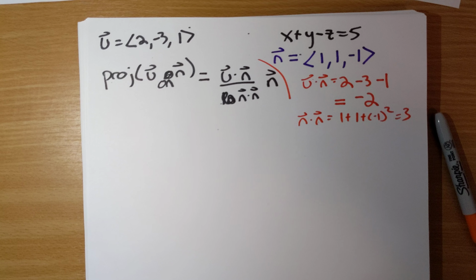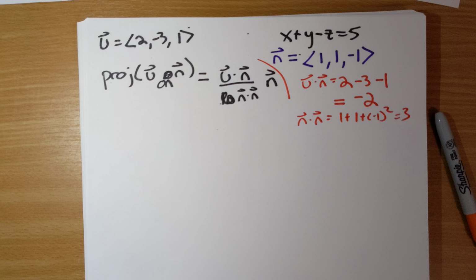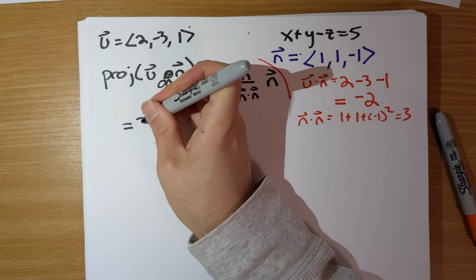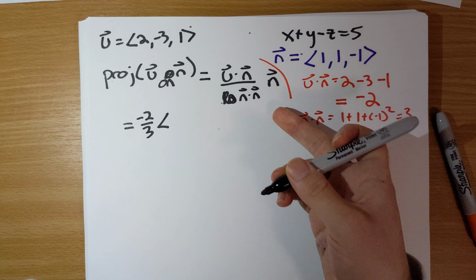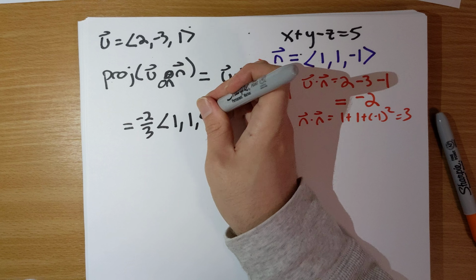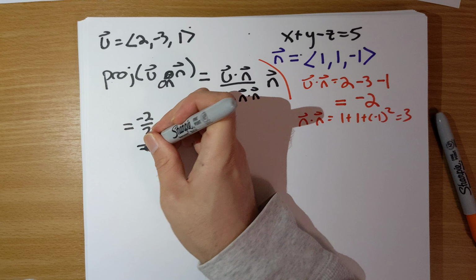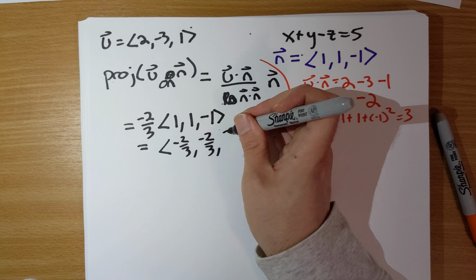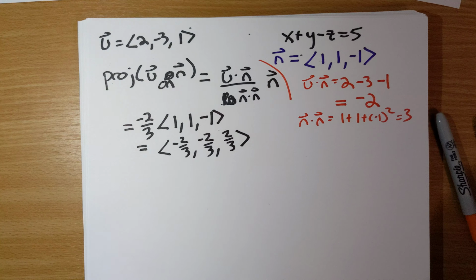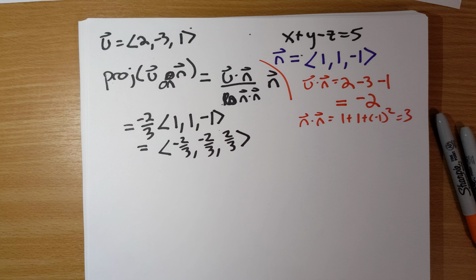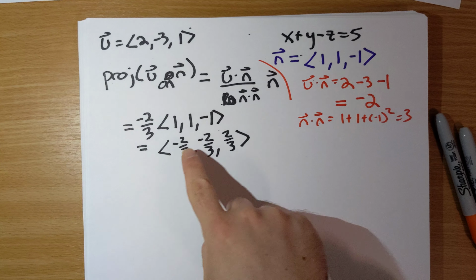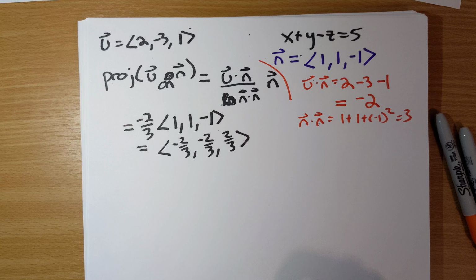And so we end up with negative 2/3 times the vector ⟨1, 1, -1⟩. I'm going to write this as ⟨-2/3, -2/3, 2/3⟩. So the projection of u on n is ⟨-2/3, -2/3, 2/3⟩.